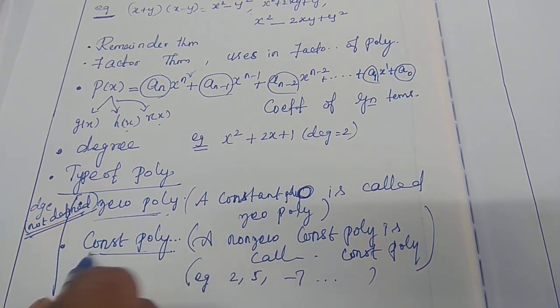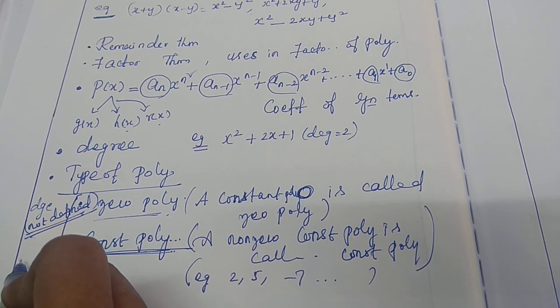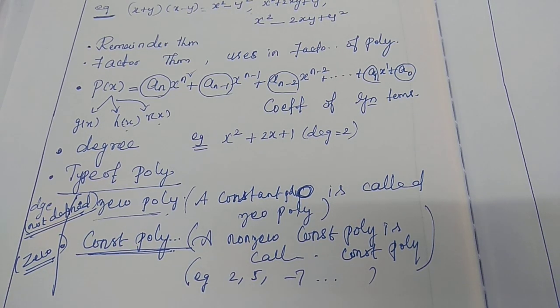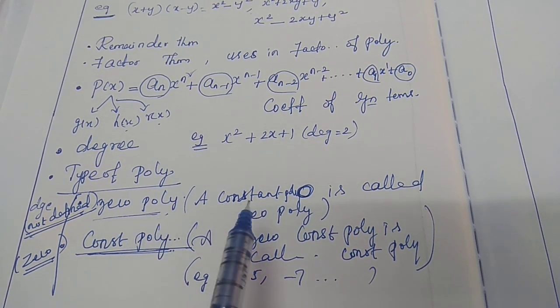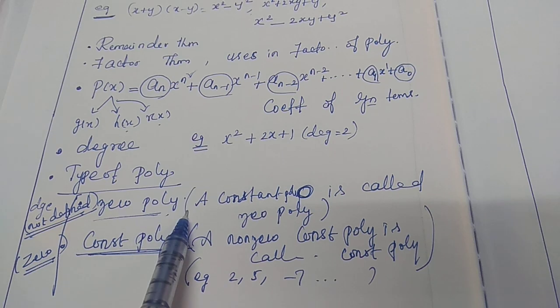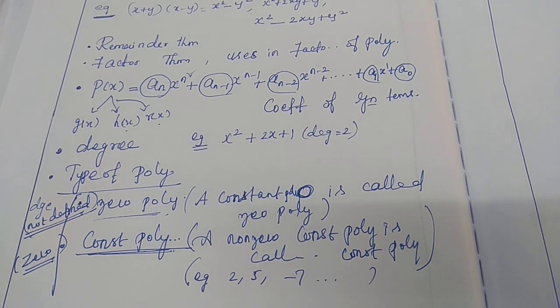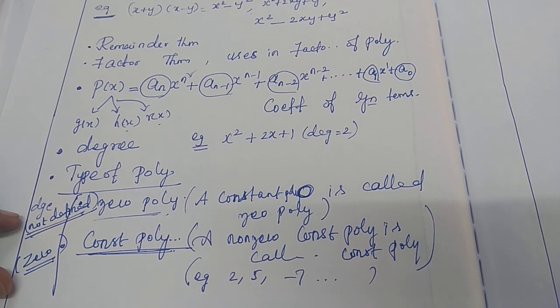Degree of a constant polynomial is zero. So degree of a zero polynomial is not defined. Degree of a constant polynomial is 0. These two are very important one mark questions.